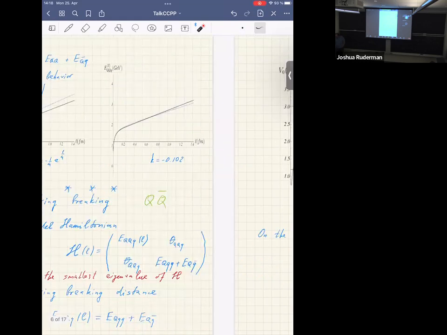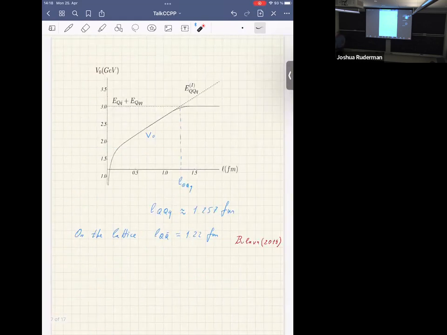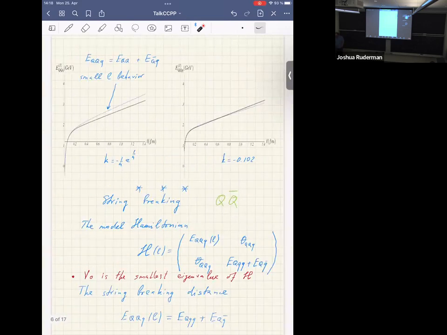And if so, then let me show you what happens. Now this energy for the connected configuration, this two disconnected, and the potential looks like it should be. So it gets flattened at some scale, and this scale is called the string breaking distance.